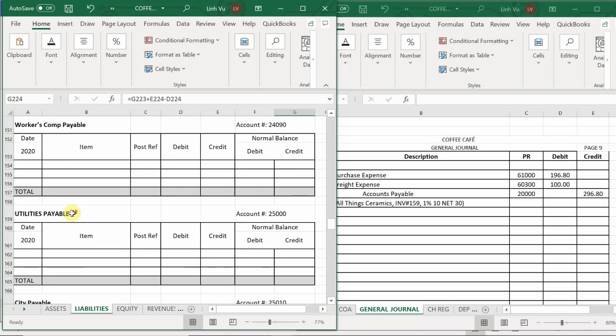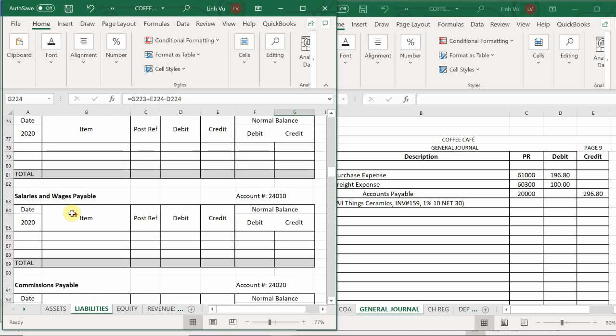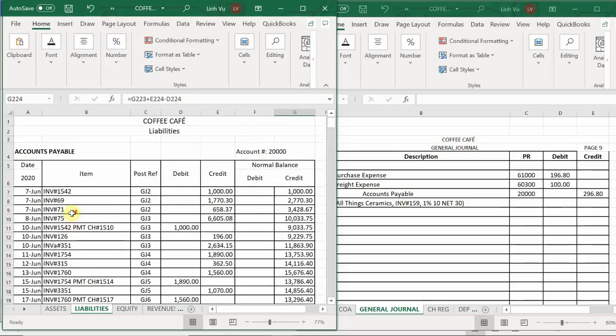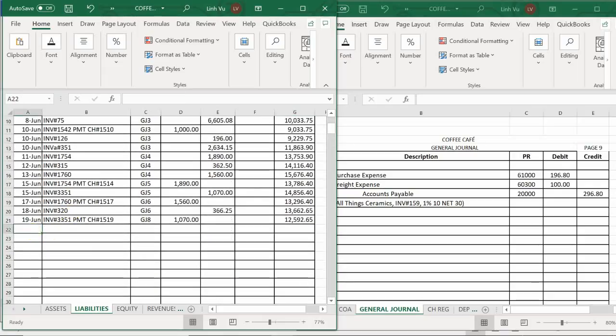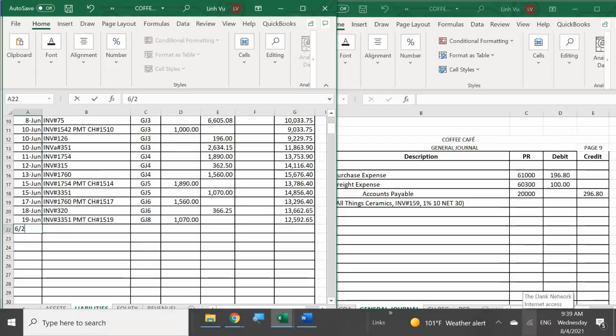So last account that we have to go to, accounts payable. Let's see our invoice number. 159.